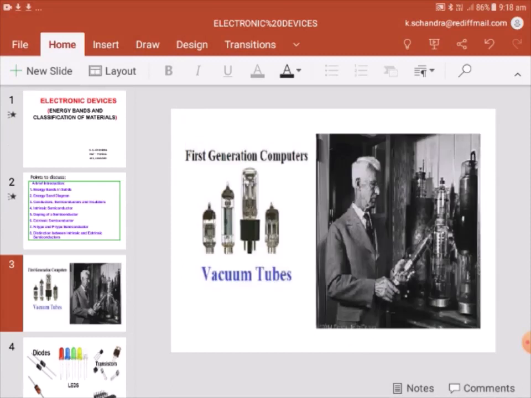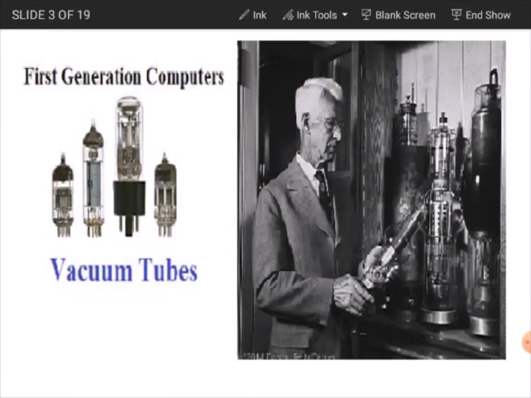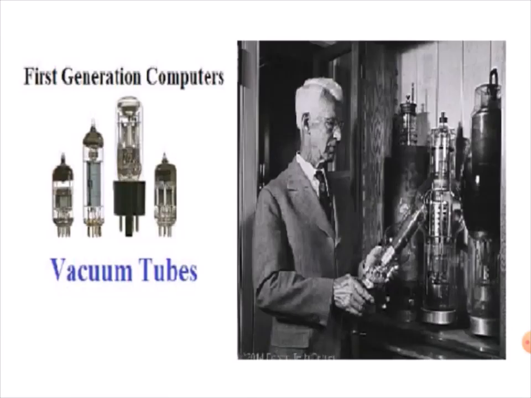So we know that initially, when we were trying to build electronic devices, we were using electronic valves. These valves are very large in size, very bulky, operate at a high voltage, and consume a large amount of power.